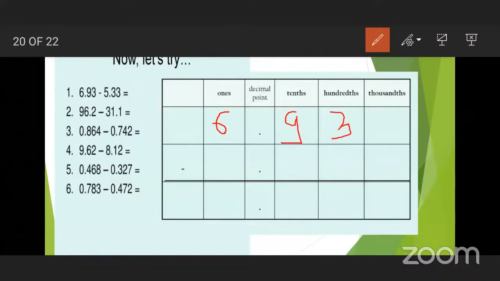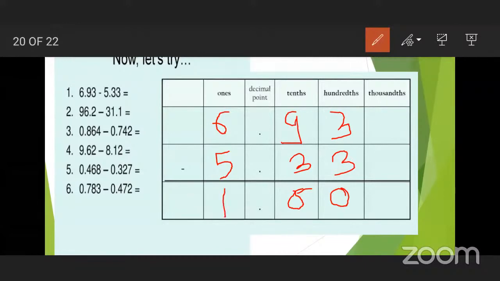6.93 minus 5.33. So now subtract it. 3 minus 3, 0. Now 9 minus 3 is 6. Good. Now 6 minus 5 is 1.